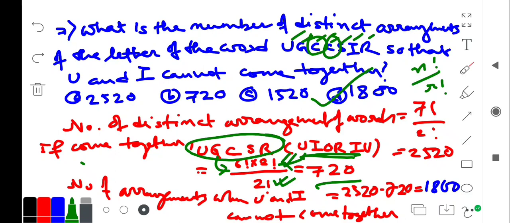We have to subtract it, that is 2520 minus 720. So ultimately the answer will be 1800. So option D is the correct answer.